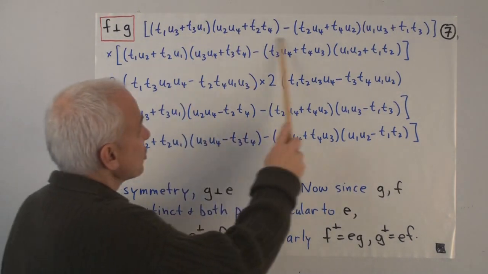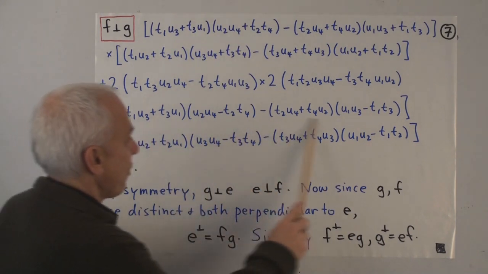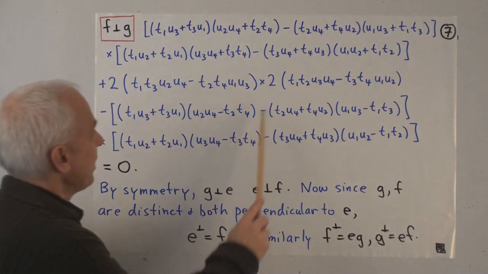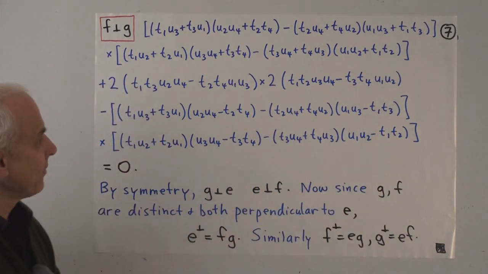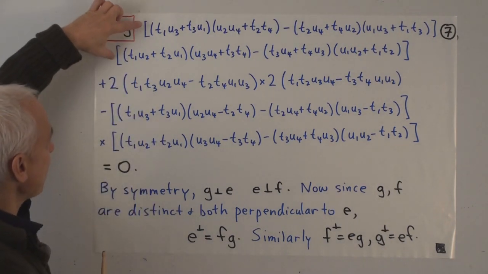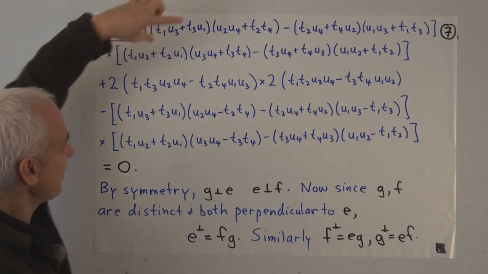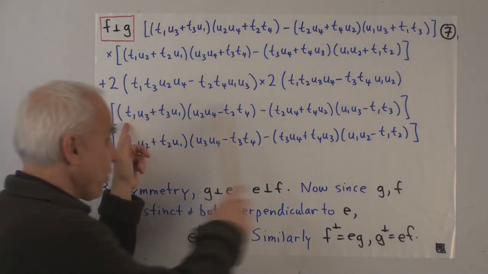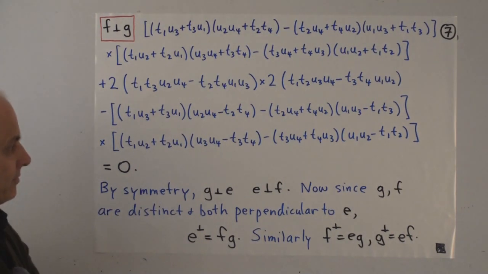Here's the first coordinate of F, here's the second coordinate of F, and here's the third coordinate of F. Here is the first coordinate of G, here is the second coordinate of G, and here is the third coordinate of G. So we have to multiply the first coordinate of F times the first coordinate of G, then add the second coordinate of F times the second coordinate of G, and then subtract the third coordinate of F times the third coordinate of G. And we have to do some work.